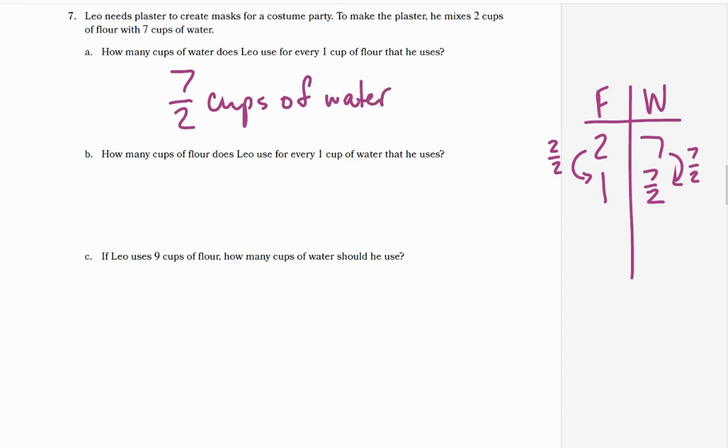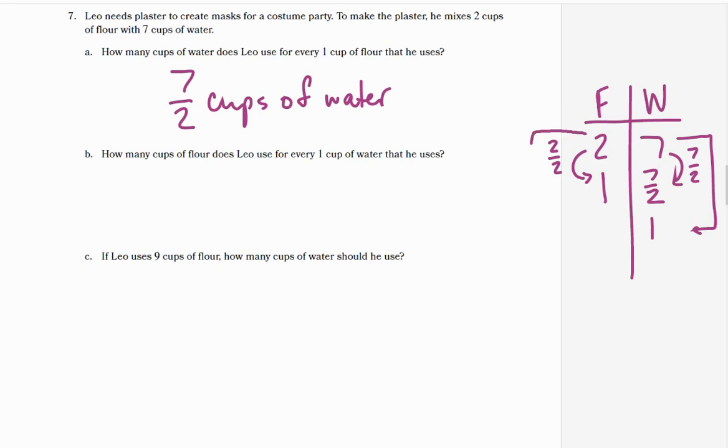Then letter B says how many cups of flour does Leo use for 1 cup of water? So again, I'm going to put the 1 in the water category, and then I'm going to think about how do I go from the 7 that I started with to 1? I do 7 divided by 7 to get 1.